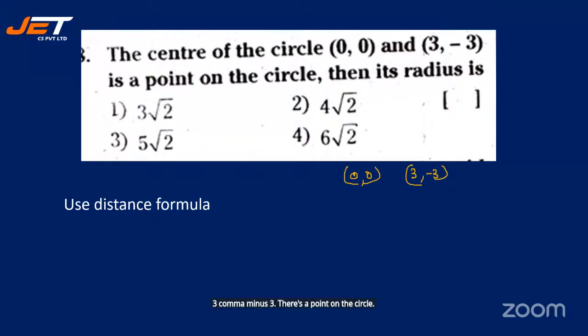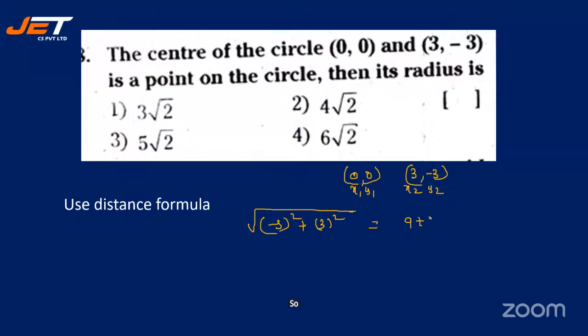So find the radius. Let's take x1 y1 x2 y2 and use the distance formula: root of y2 minus y1 the whole square plus x2 minus x1 the whole square. So 9 plus 9 is root 18.